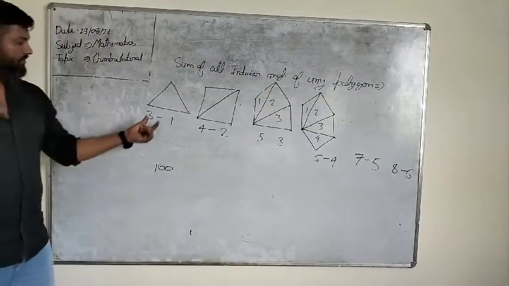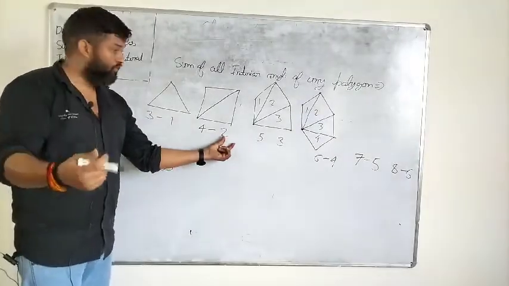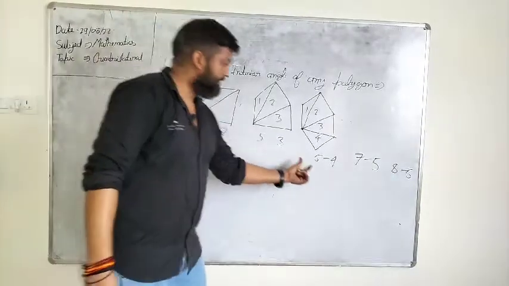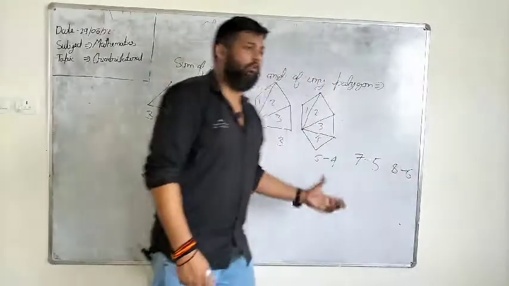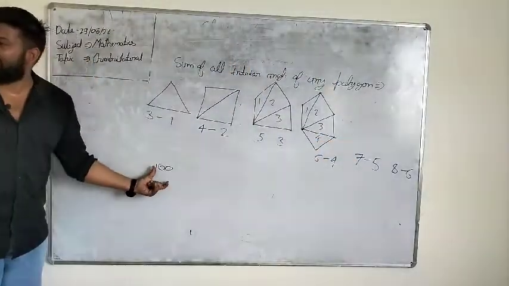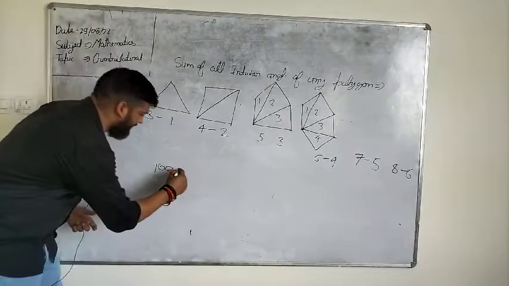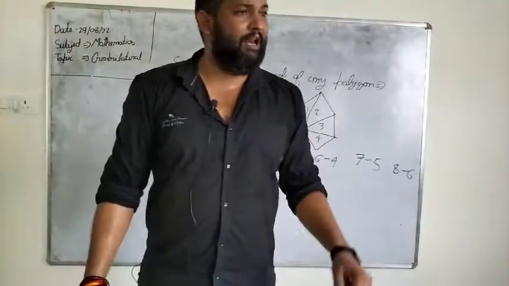Try to understand. What is the difference? 2. When the number of sides is 100, what is the number of triangles? 98. Definitely you can say the number of triangles will be 98.